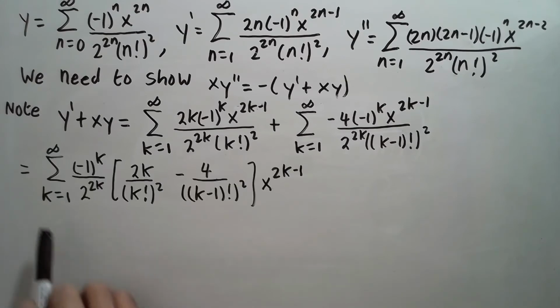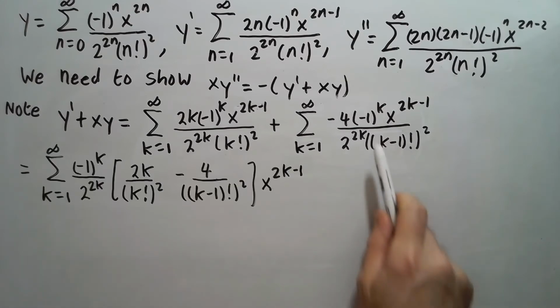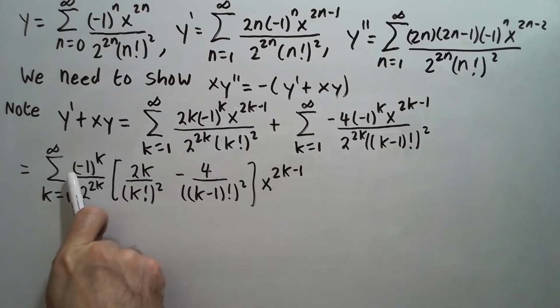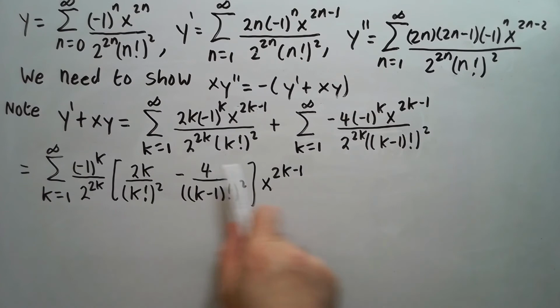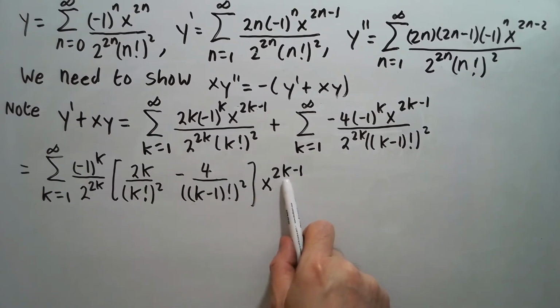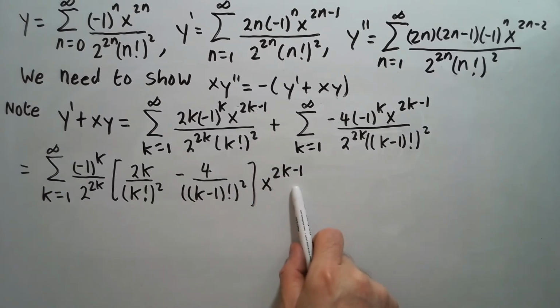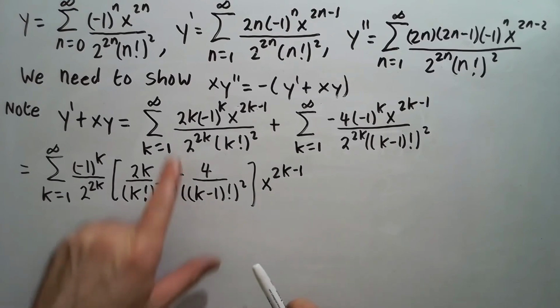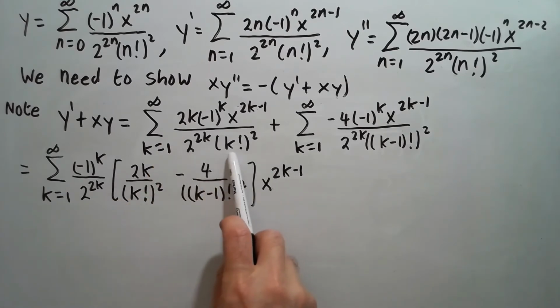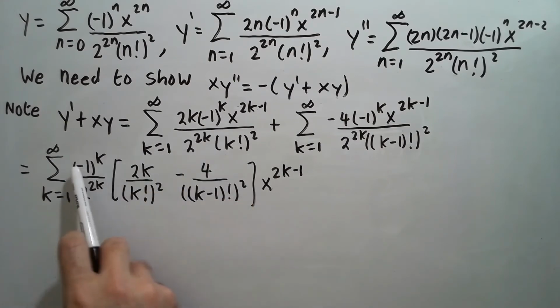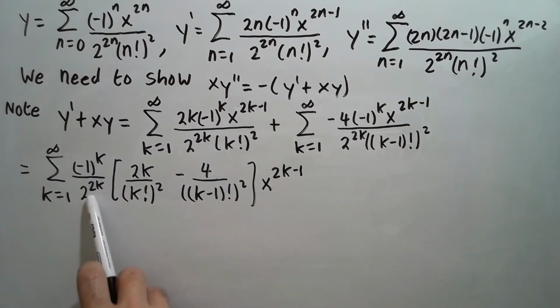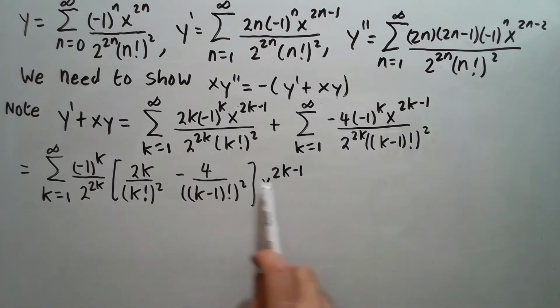Okay, so I've written it as a single sum, and I notice they have a minus 1 to the k. I pull that over here. A 2 to the 2k in common. And I've pulled the x to the 2k minus 1 out on this side. So on this one, what's left would be the k factorial on the bottom and a 2k on top, because the minus 1 to the k is over here, the 2 to the 2k is here, and the x guys over here.